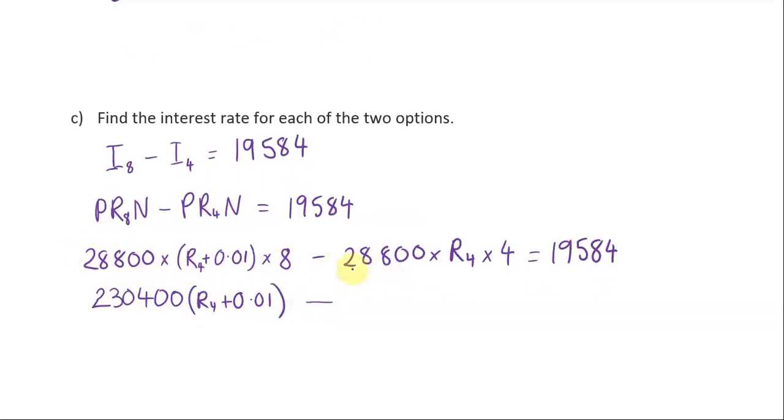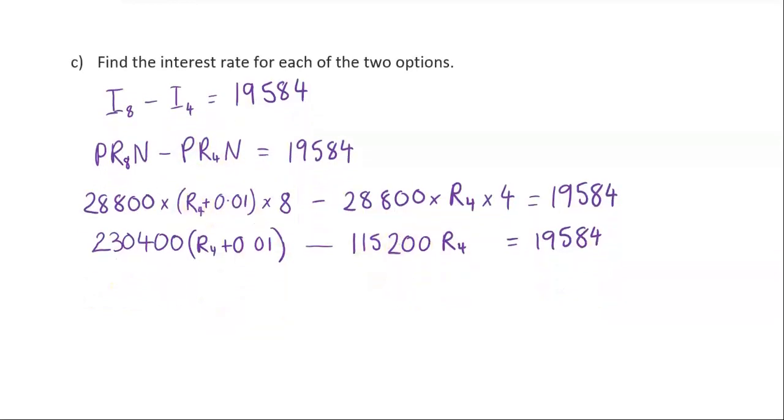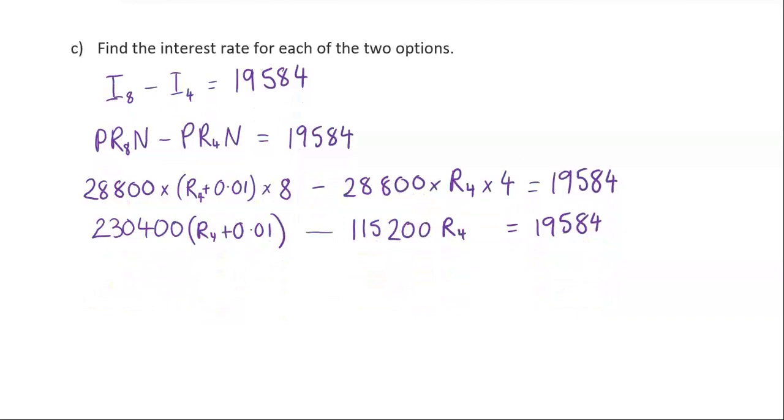Take away, on this side, 28,800 multiplied by 4 gives me 115,200 times R4, still equal to $19,584. So the difference between the interest on the 8-year loan and the interest on the 4-year loan is still what we're calculating. We just substituted our numbers into our formula and we're going through and working out the algebra.